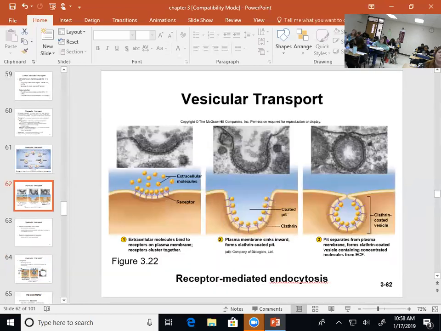Endocytosis is this process of a cell bringing things into the cell. A process of cell receptors having things attached, and then the cell membrane collapsing, so that now what was outside the cell is now where? Inside the cell.